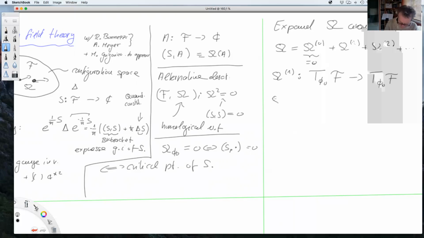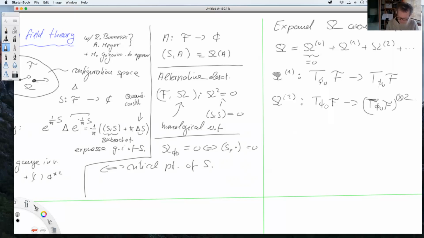Whereas omega 2 would be a map from T phi 0 of F squared into T phi 0 of F, because it's a vector field that maps functions.